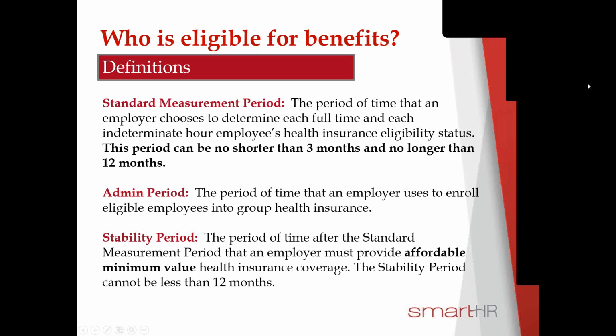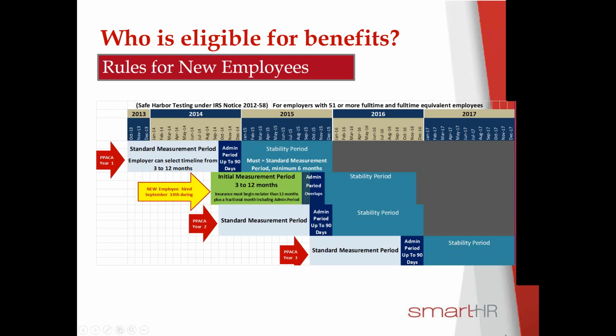Now, because these measurement periods, and we can go to the next slide, are set for your company on an ongoing basis, you have to take into account new hires. And so a new hire would go through their own initial measurement period, and that would most likely also be 12 months. And so that employee would have their own initial measurement period where you're watching their hours, and then they would have their own administration and stability period.